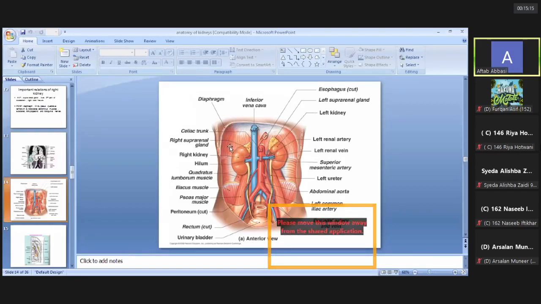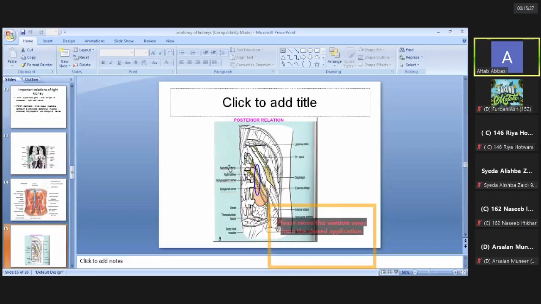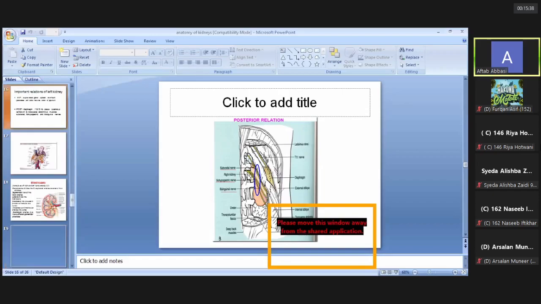The 12th rib is not shown in this figure. Then three muscles, part of the psoas muscle, quadratus lumborum muscle, and transverse abdominis muscle. And three nerves, the subcostal nerve, iliohypogastric nerve, and ilioinguinal nerve, because these nerves run on the posterior abdominal wall, so they lie in the posterior relations.